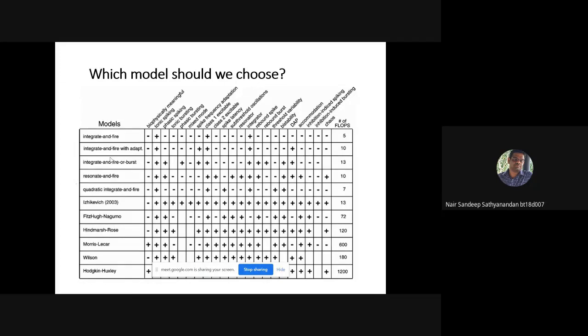Hodgkin-Huxley is able to describe all sorts of behavior because it is very detailed, and it is computationally expensive also. And you can see the FitzHugh-Nagumo model, which you are currently doing in the assignment, and the Izhikevich model, which can display almost all types of patterns.